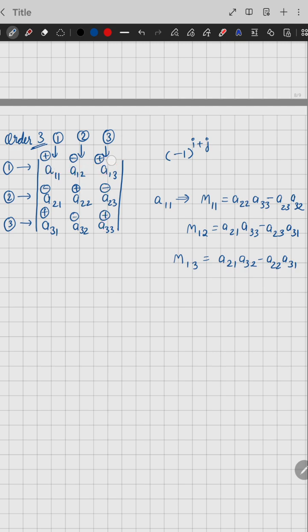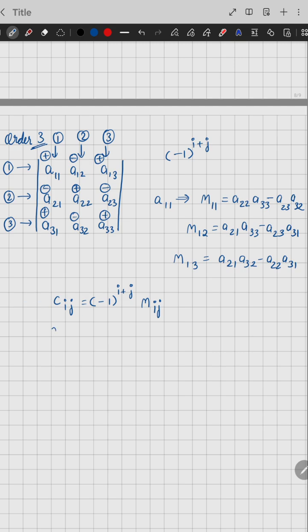Now, simply by putting these signs, we come to the concept of cofactor, that is Cij, and it is represented by minus 1 to the power i plus j into minor Mij. So we are going to add the cofactors along a row or along the column that we choose.